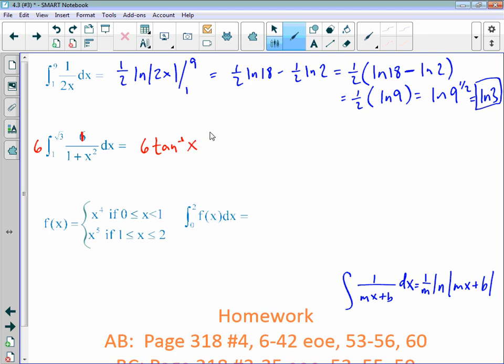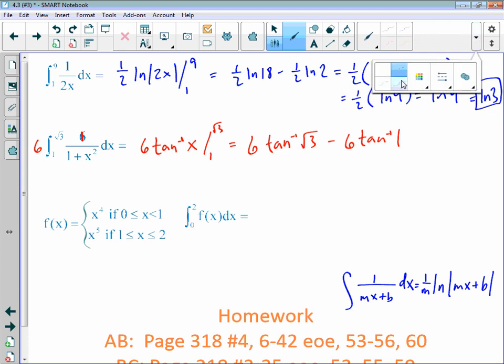And then we're going from 1 to square root of 3. So I'm just going to plug them in first, and then we'll talk about them. So go ahead and do that. Okay, this one's a little bit easier than the front one. When you're talking inverse tangent, a lot of people just want to use their calculator.